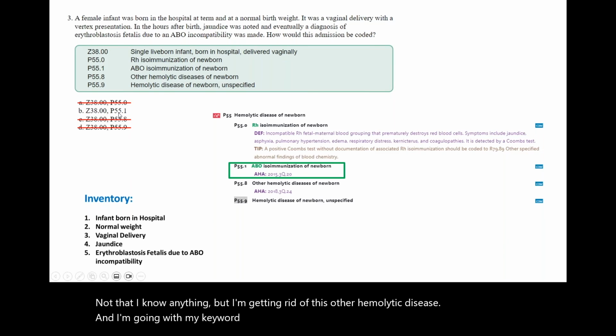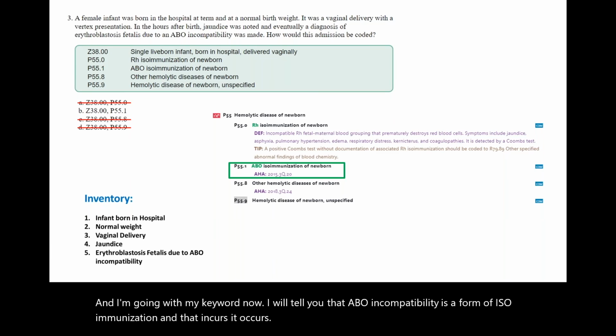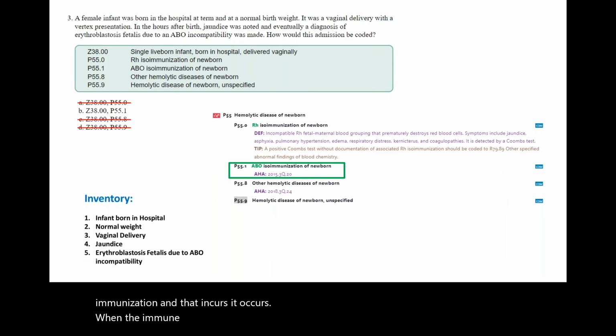Now, I will tell you that ABO incompatibility is a form of isoimmunization, and that occurs when the immune system is sensitized to foreign antigens, and that leads to an immune response against those antigens.